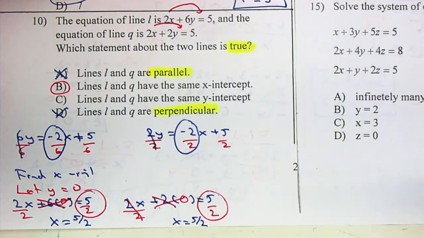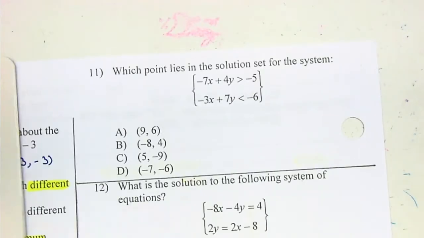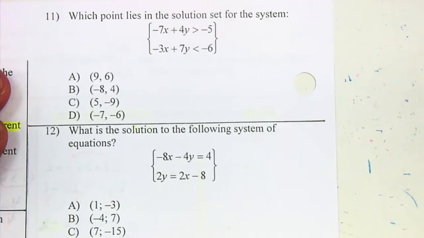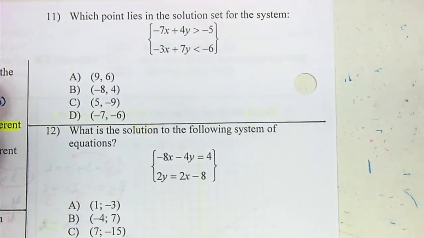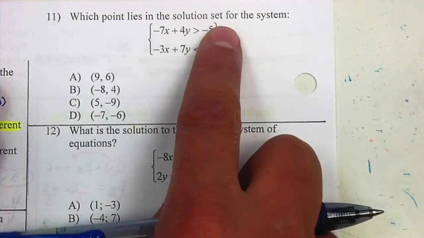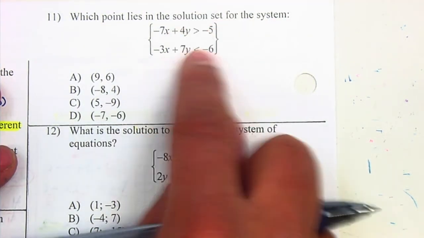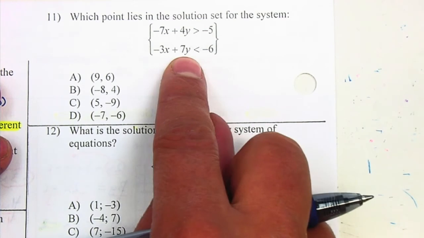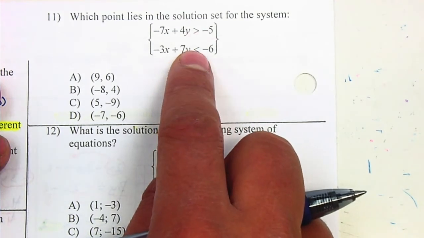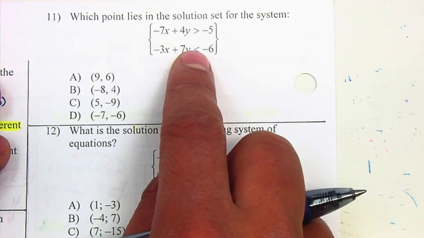Let's continue with problem number 11. It says, which point lies in the solution set for the system? Now we can graph it, but the y-intercept is going to be a fraction.